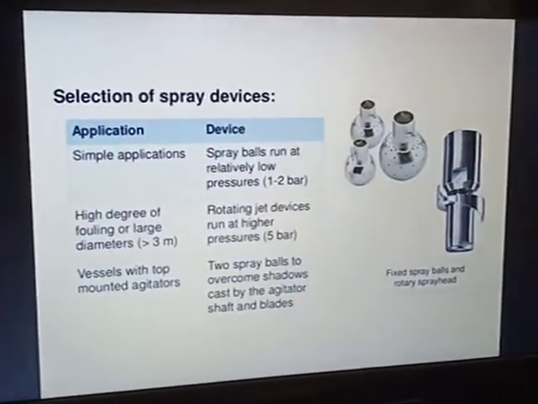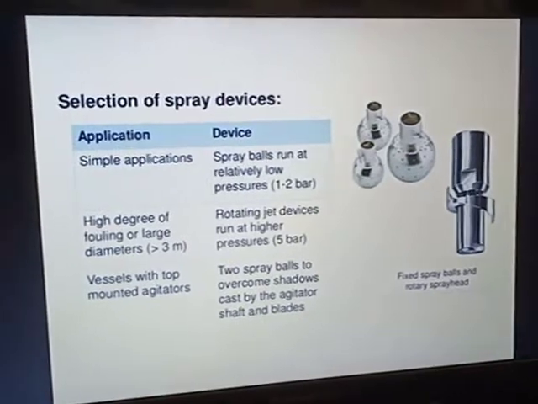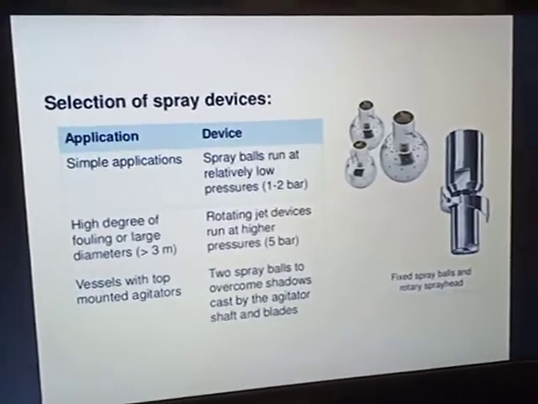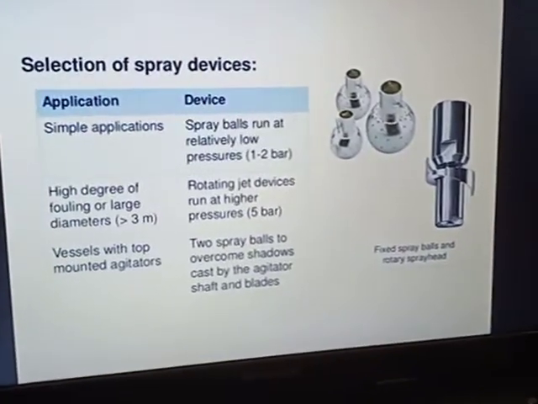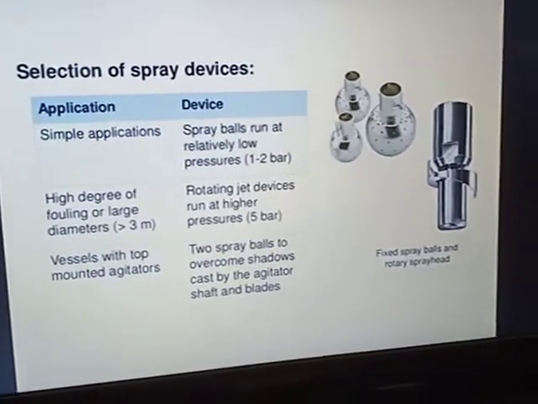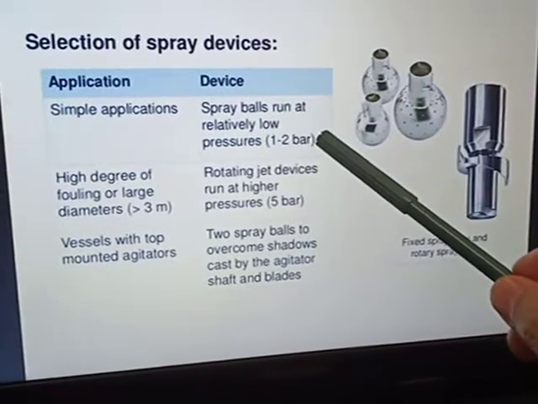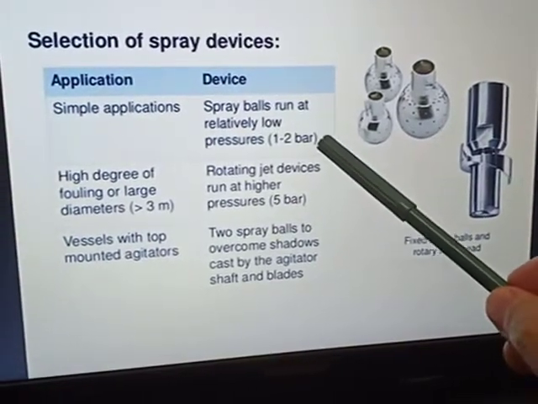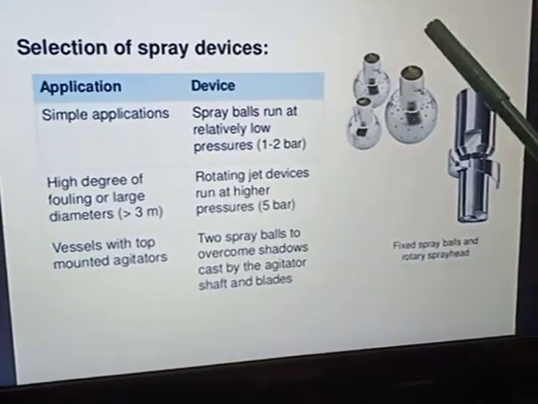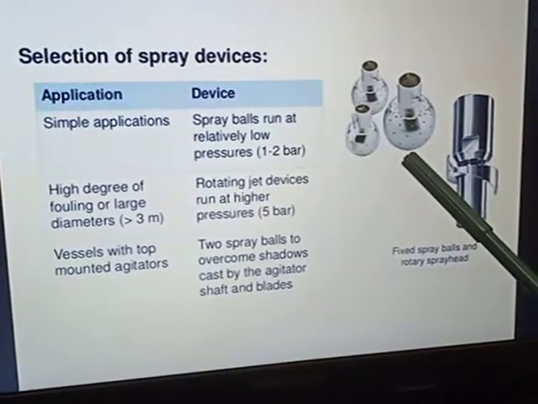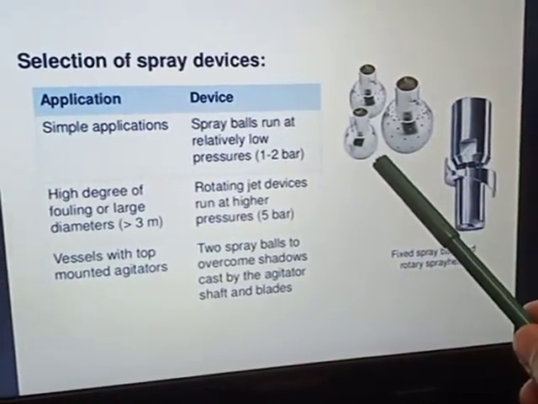Okay, this is a photo of different spray devices. For simple application, you can use spray balls run at relatively low pressure, 1 or 2 bar. So these are the spray balls with 3 types of sizes.